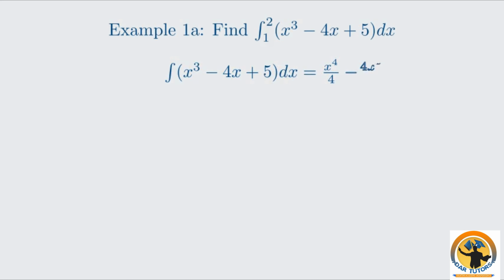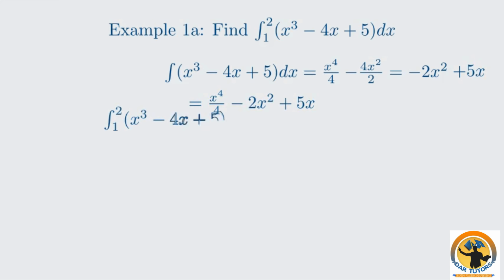The antiderivative of 4x is 4 times x squared over 2, which simplifies to 2x squared. And the antiderivative of 5 is 5x, so our antiderivative is 1/4 x to the 4th minus 2x squared plus 5x. Step 2 is to evaluate this antiderivative at the upper and lower limits and subtract.